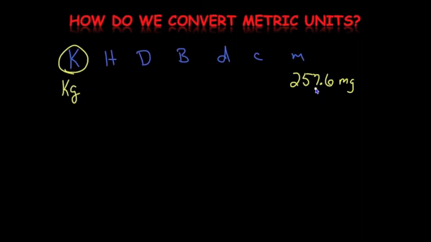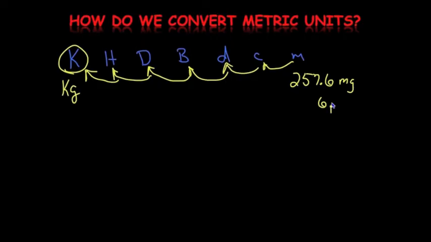So we can see here we have a decimal. We have to go all the way over to kilograms. So how many spaces is that away? It's 1, 2, 3, 4, 5, 6. So we have to move this decimal point 6 places to the left.